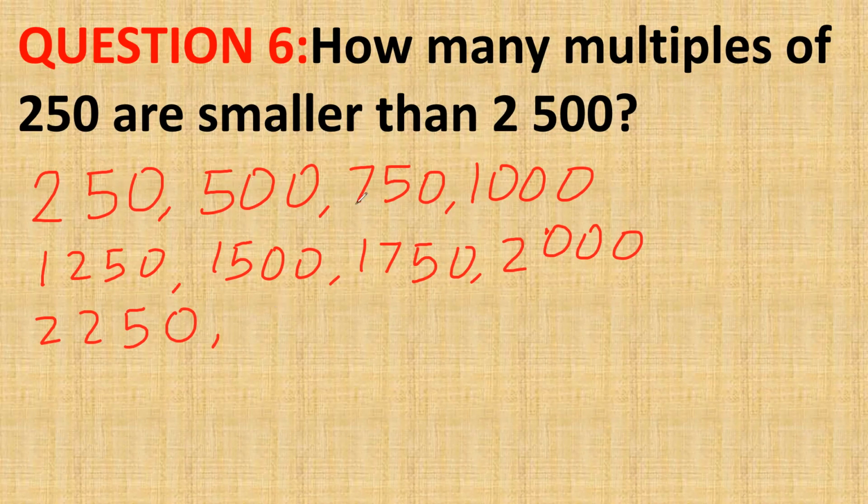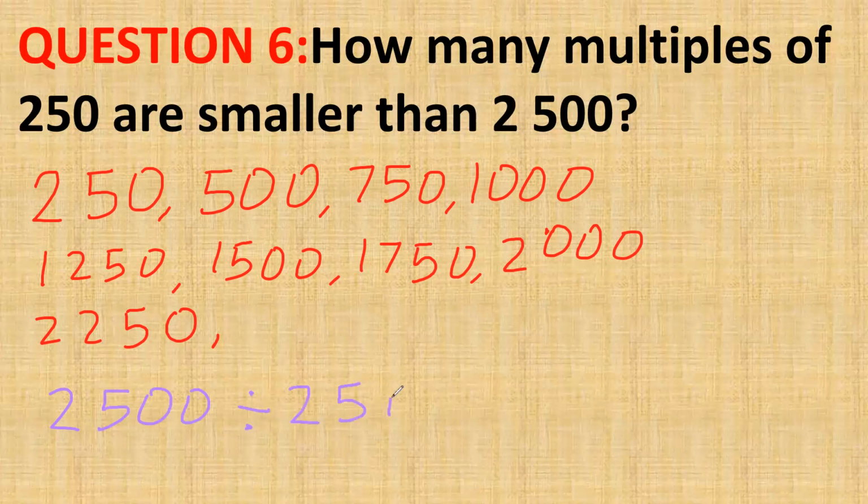So 1, 2, 3, 4, 5, 6, 7, 8, 9. Our answer is 9. Let's use our short way. Let's try with that. We said 2,500 divided by 250. With the easy way, do you remember we said we can cancel zeros for this kind of question?